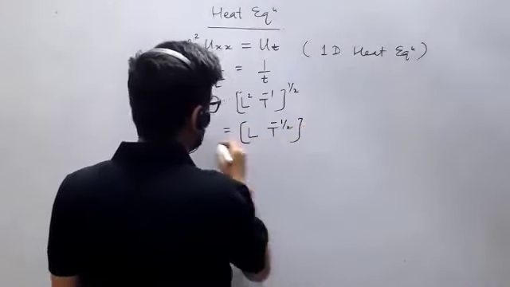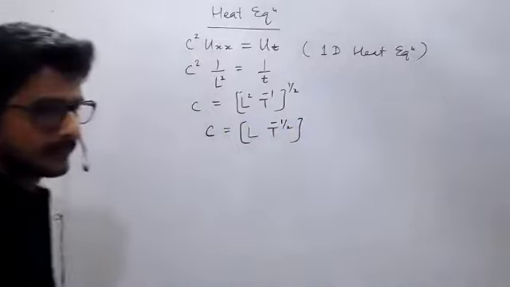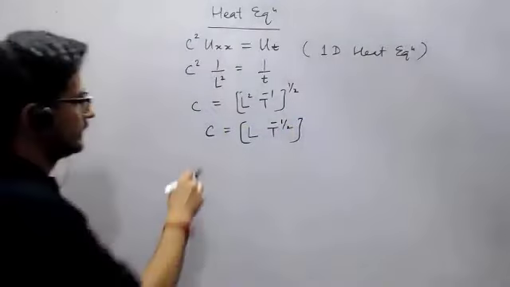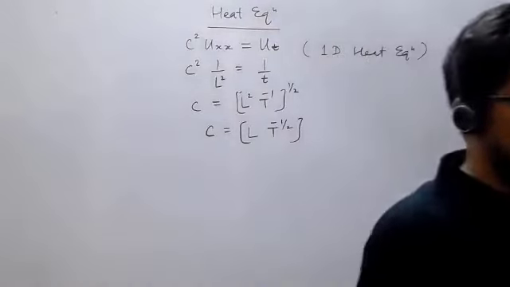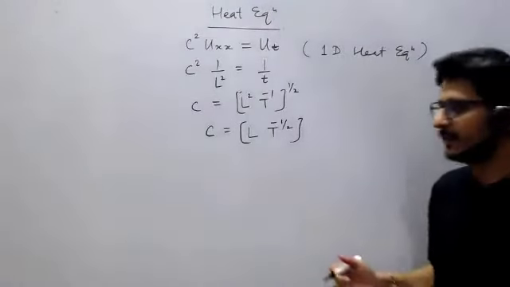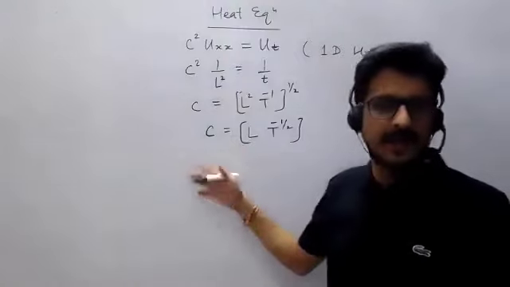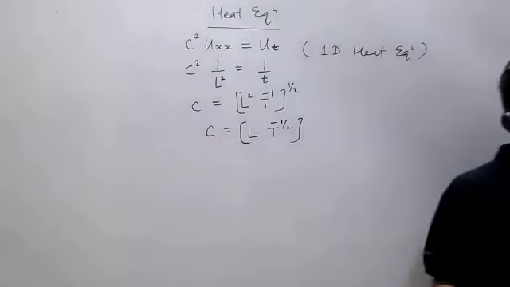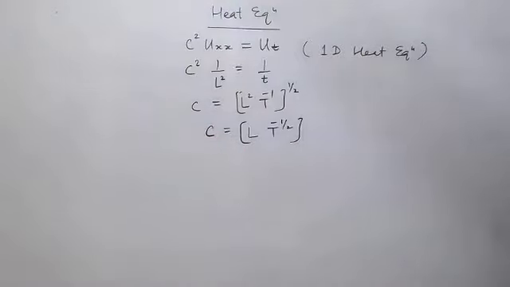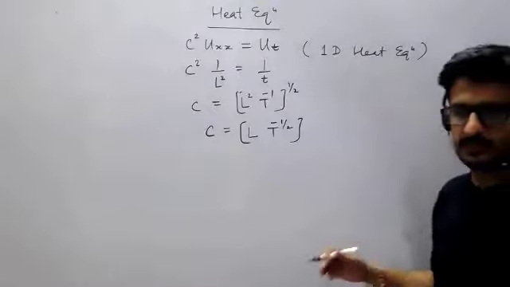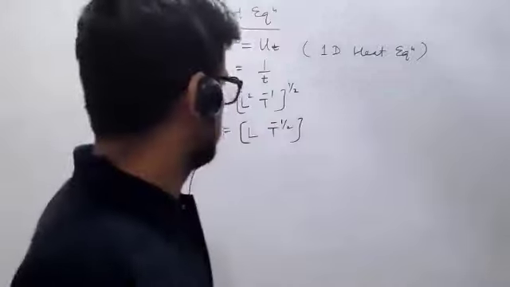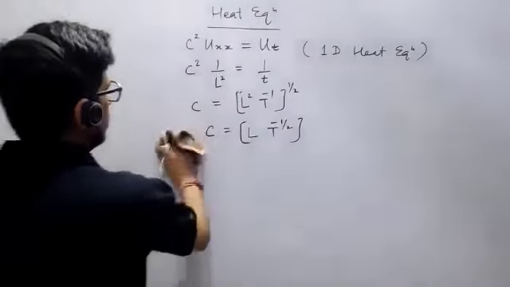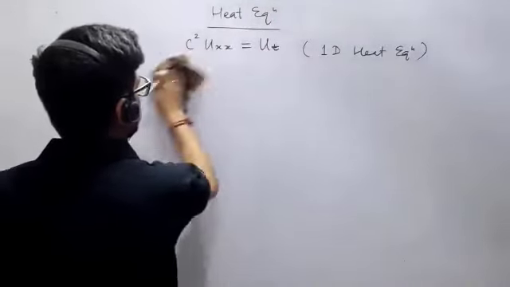This will be the dimension of this c. This is related to the thermal property of the material through which the heat is supposed to flow, not exactly thermal conductivity. Okay, so this was just for your information, and we will start from here.